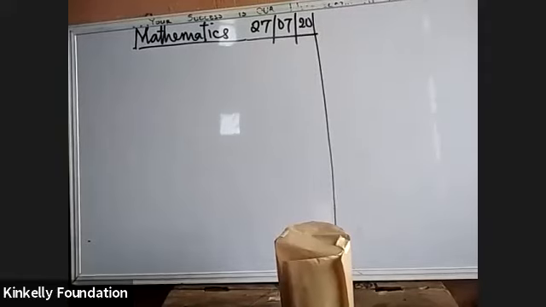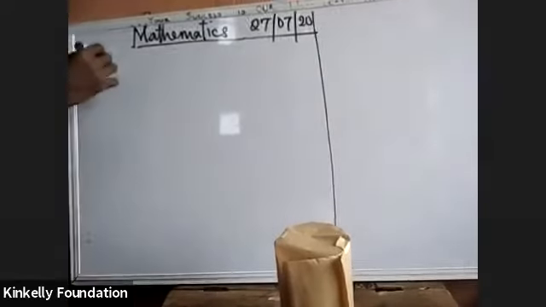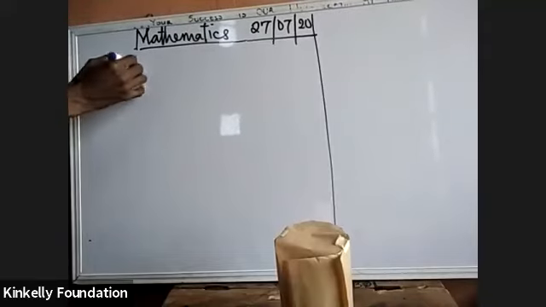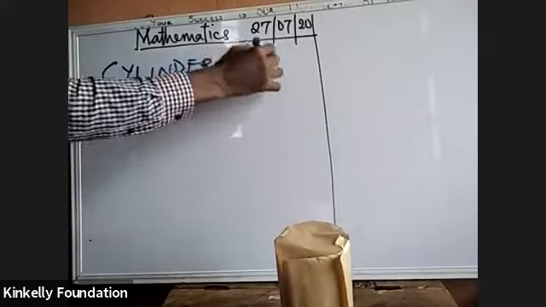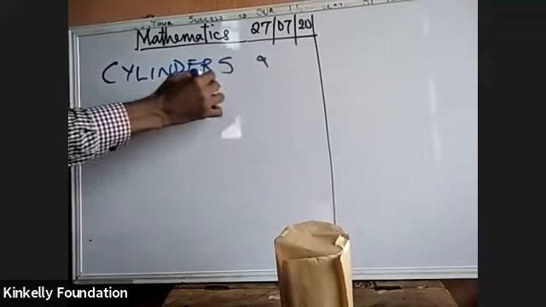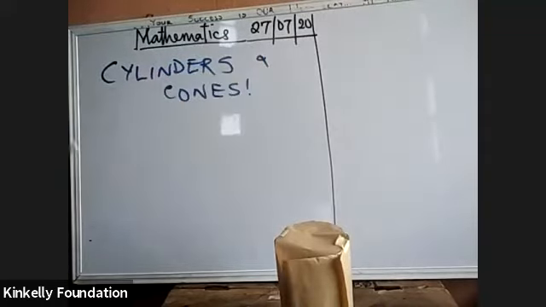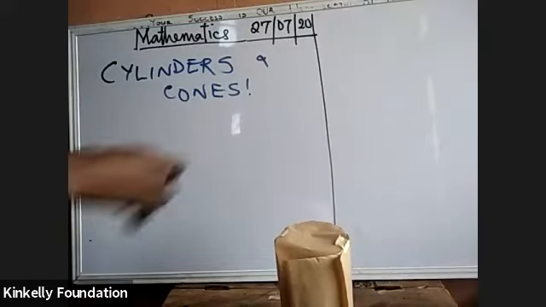Good morning, students. Today we'll be starting with the topic on cylinders and cones. We first of all look into the cylinder before we consider the cones. One of the topics we have for the term.